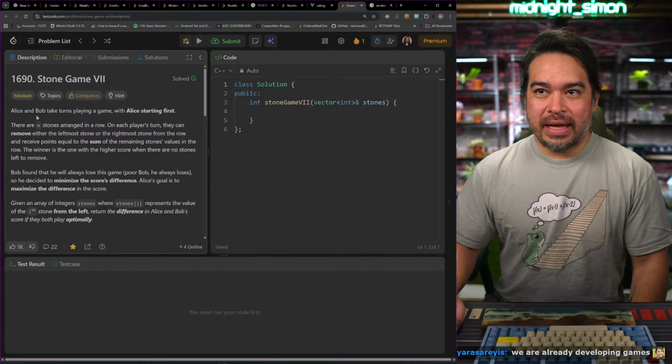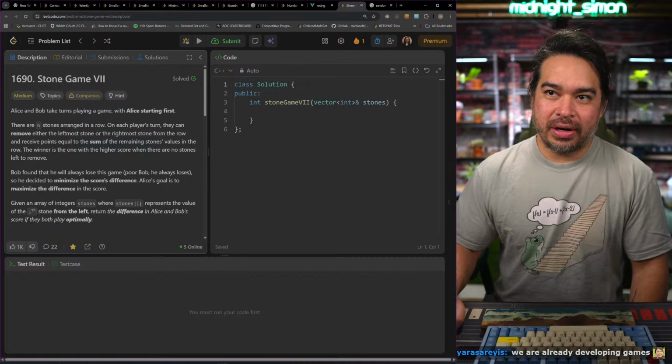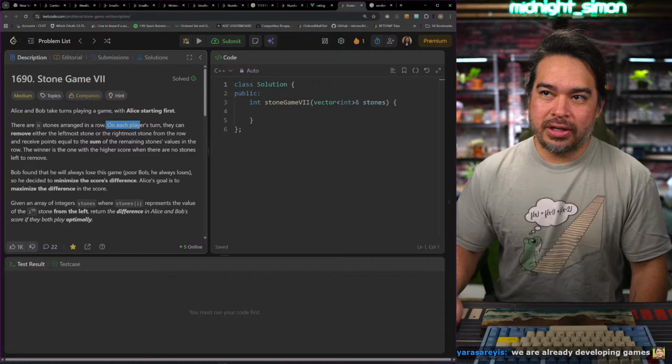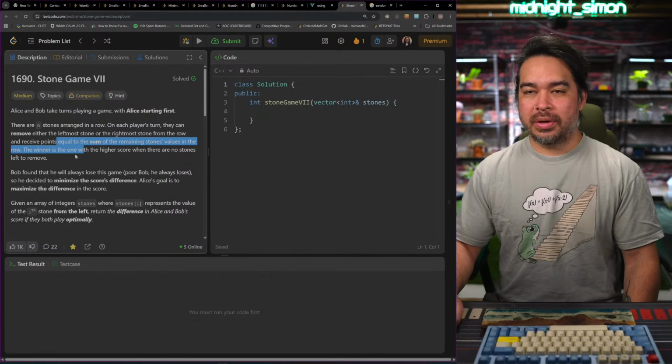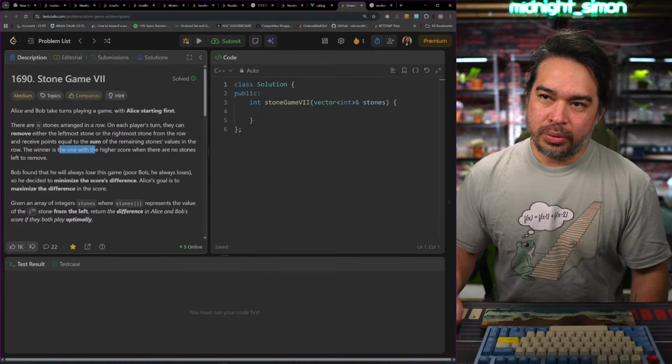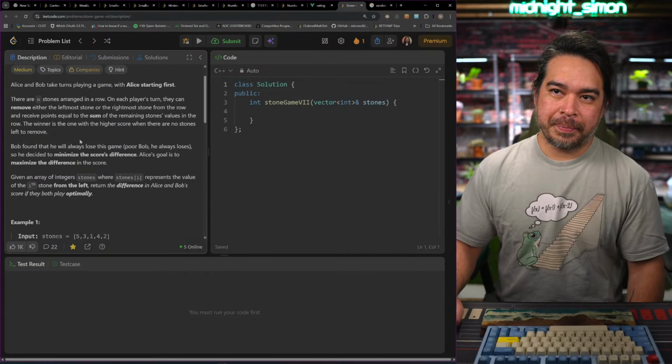Stone Game 7. Alice and Bob take turns playing a game, with Alice starting first. There are N stones arranged in a row. On each player's turn, they can remove either the leftmost stone or the rightmost stone from the row and receive points equal to the sum of the remaining stones' values in the row. The winner is the one with the higher score when there are no stones left to remove.